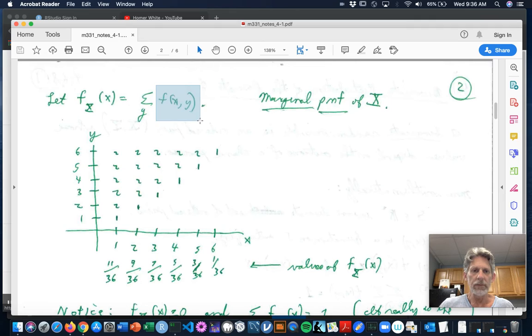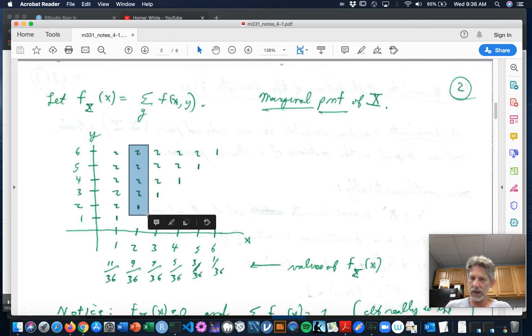f of (x, y). So if you wanted capital F of x where little x is 2, okay, then you would go to all the y values where (2, y) is in the sample space. And so that would cover these points that I am marking out right here.